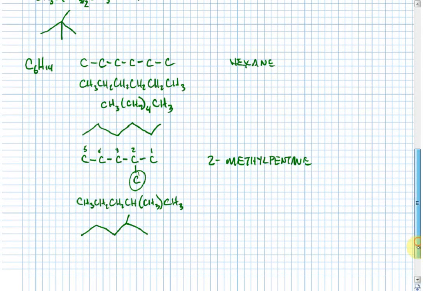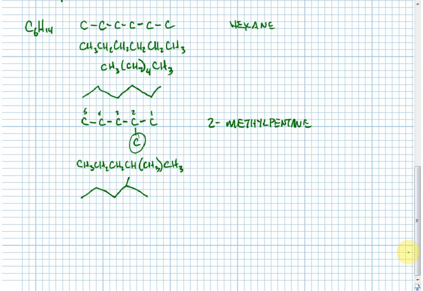Well, look closely at that. We can go to another possibility. Again, we put 5 carbons in a row. And now we'll take that 1-carbon branch and we'll put it off the middle carbon. I won't do the condensed or structural or skeletal formula here. You probably can do those on your own.